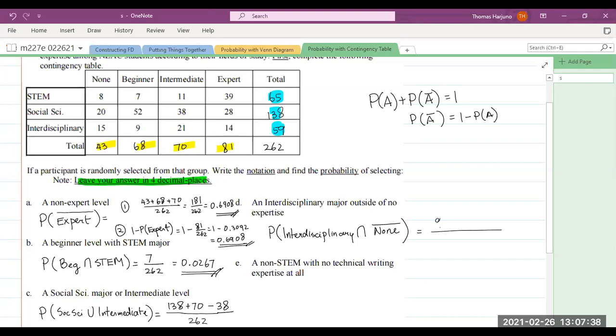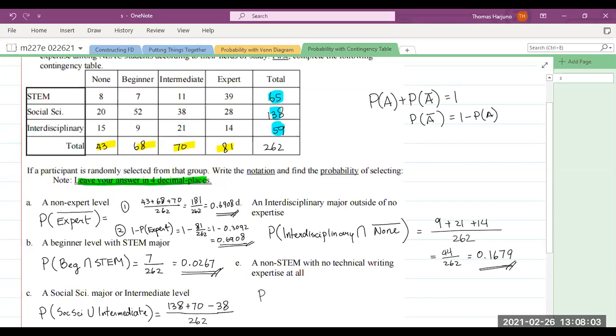Okay, that would be 9 plus 21 plus 14 over 262. That's 44 over 262. That is 0.16794. So 4 decimal places, I stop there.